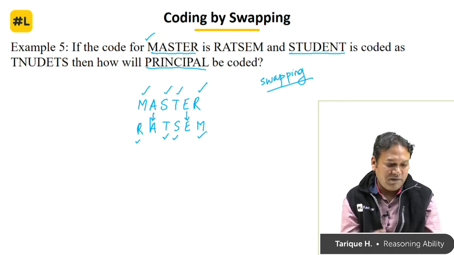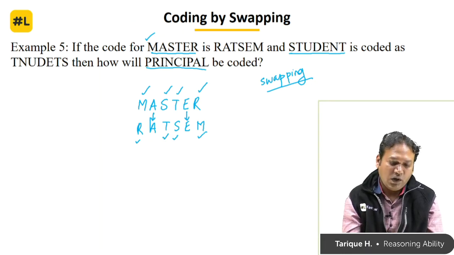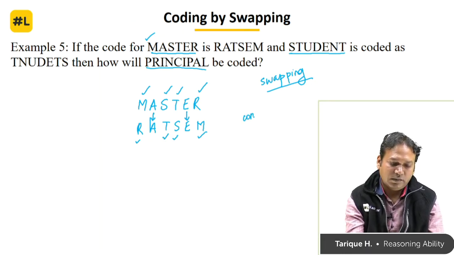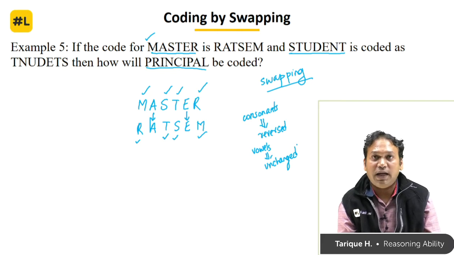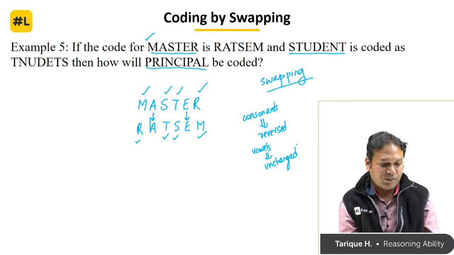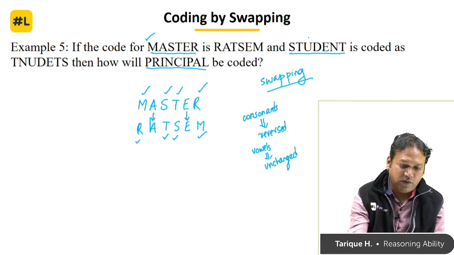That means the consonants are reversed, and the vowels remain unchanged. The position of vowels remains unchanged and consonants are reversed. The same thing you can see in STUDENT also.